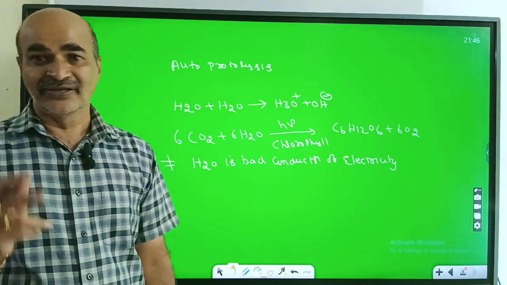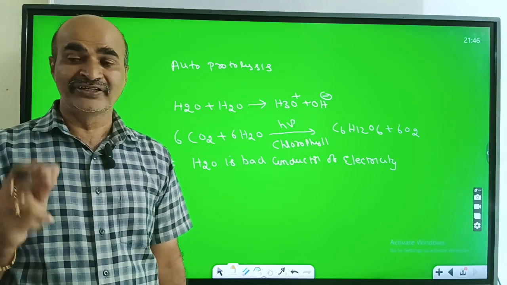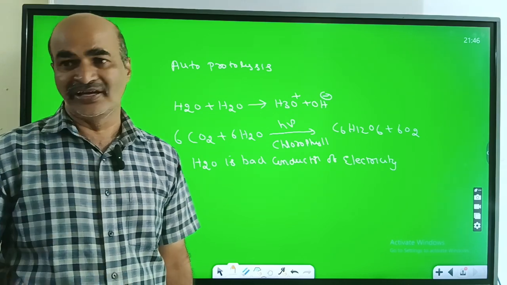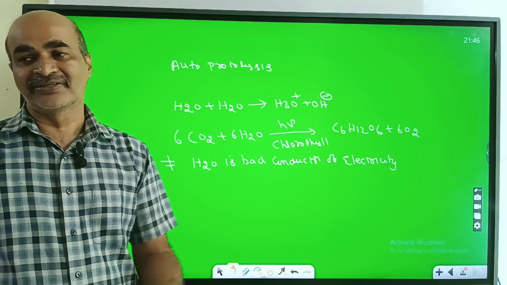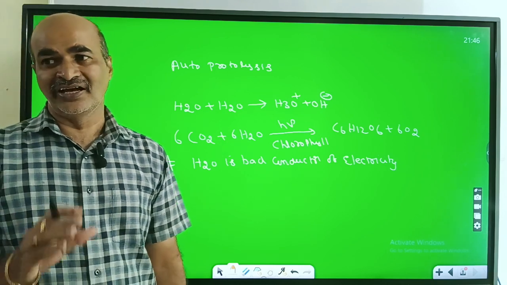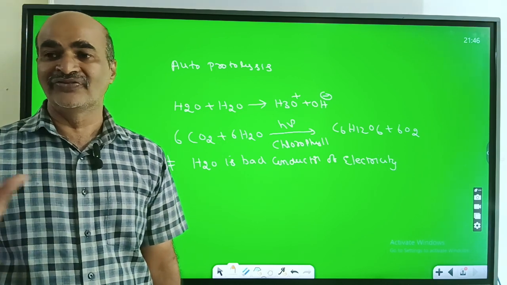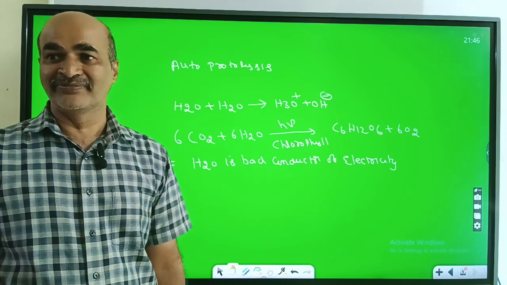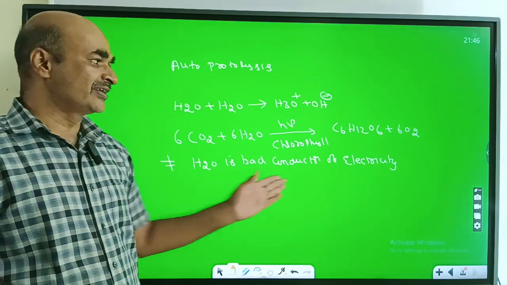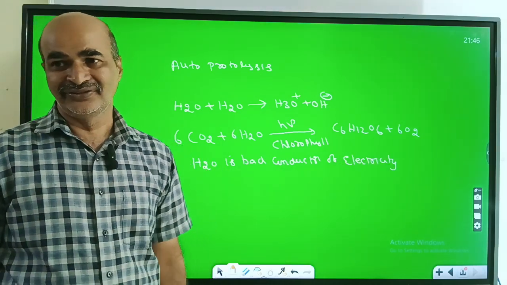Conductivity only takes place in the presence of ions. If there are no free ions, conductivity does not take place. That's why water is a bad conductor of electricity, due to absence of ions.